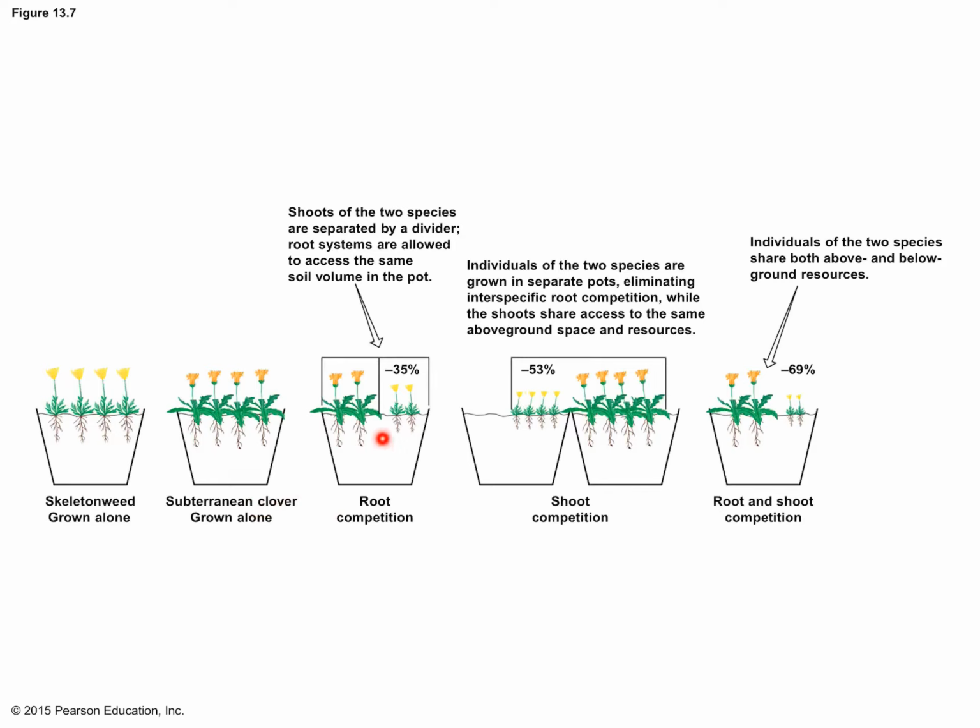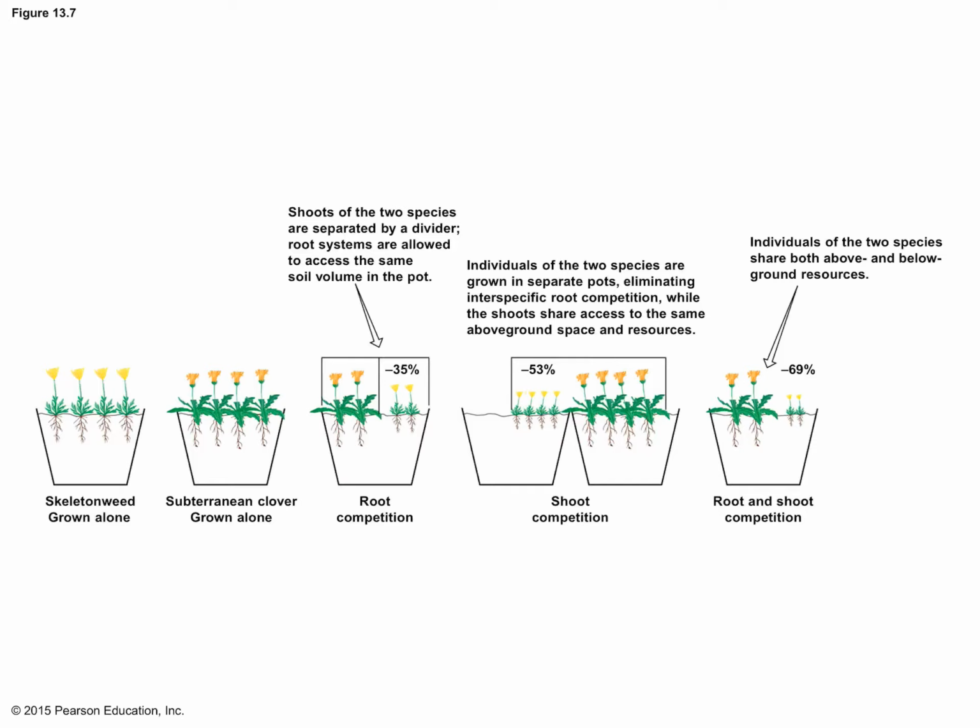So here you have, for example, roots being able to intermingle, but the leaves are separated by some sort of barrier, maybe a plastic plate or something like that. Then we have them grown in separate pots where the leaves were actually capable of intermingling, but the roots were actually separated. Okay, and then you had control species as well that were grown in separate pots entirely.